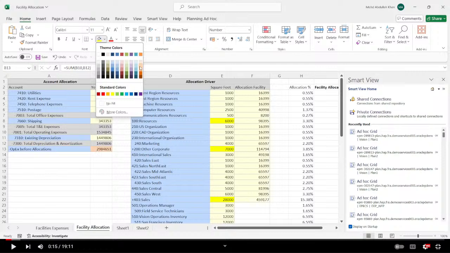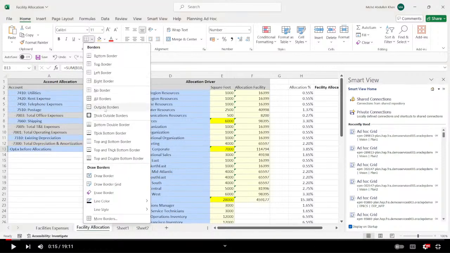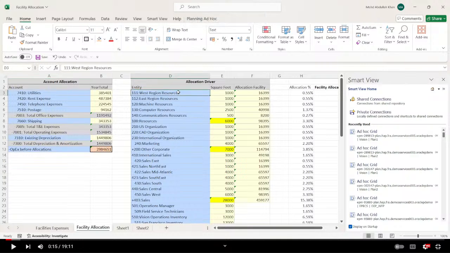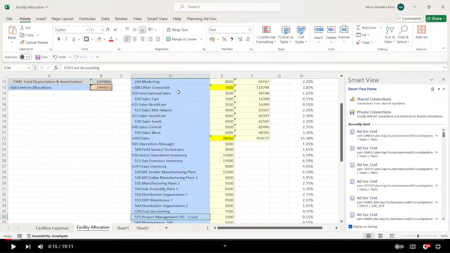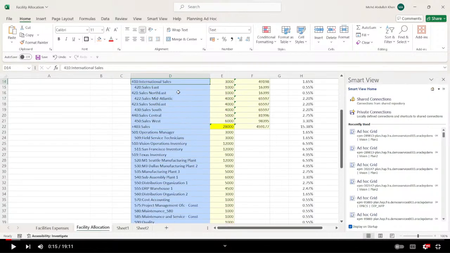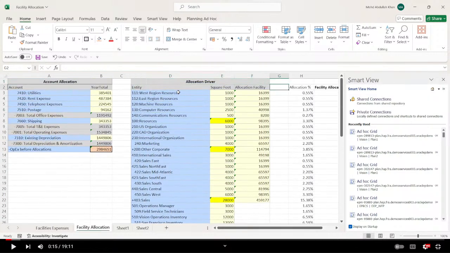So this is my total expenses which we want to allocate to all the regions. Here we have all the regions like entity. These are the descendants of total departments, and we want to allocate the same to the allocation facilities. So how do we do that? We'll learn this in today's lecture.